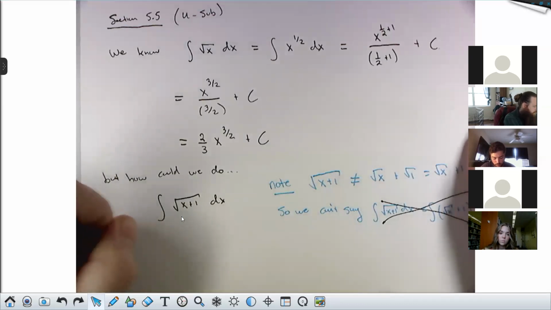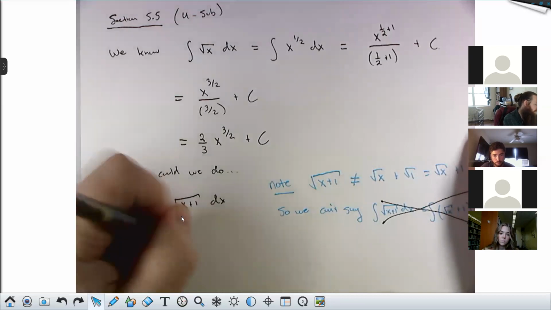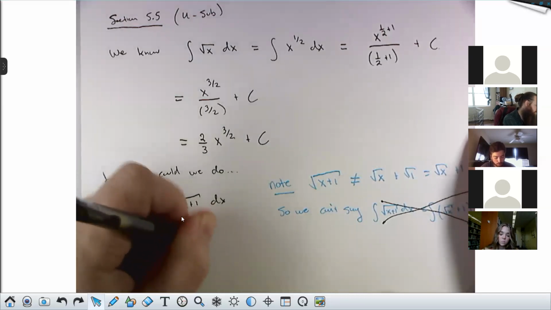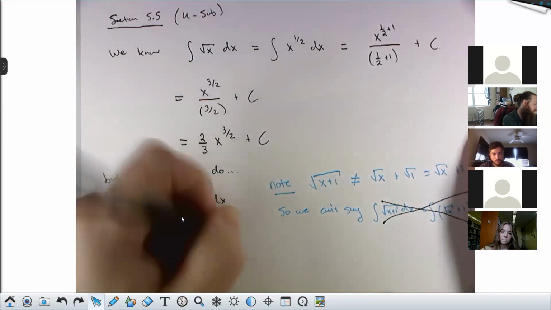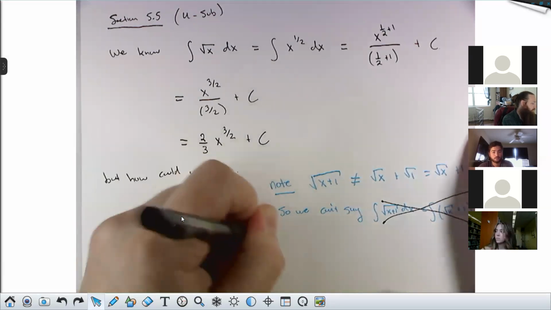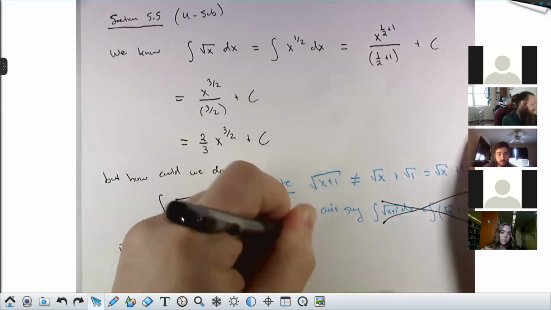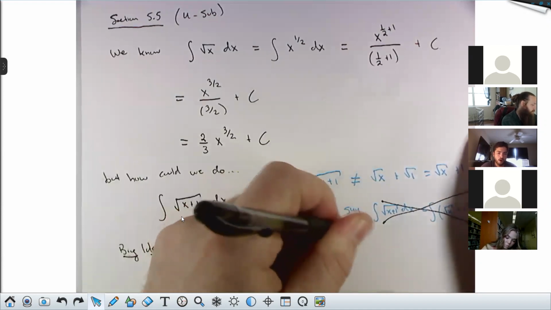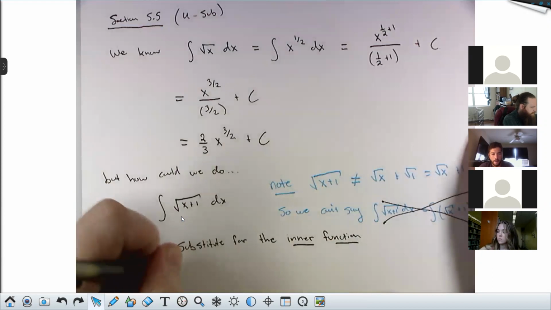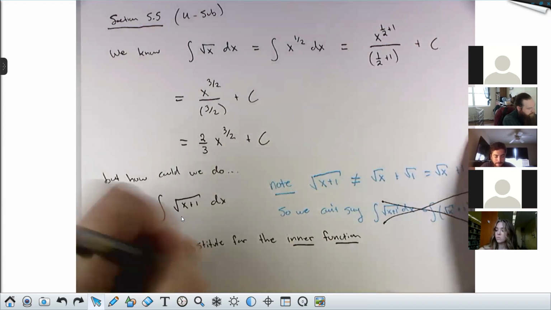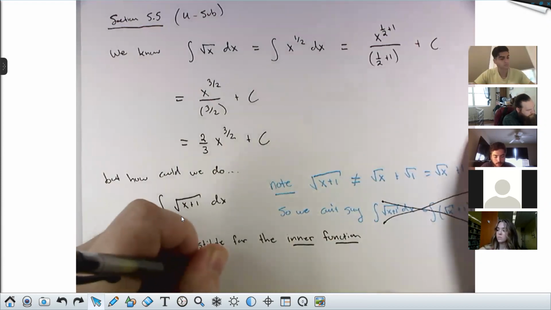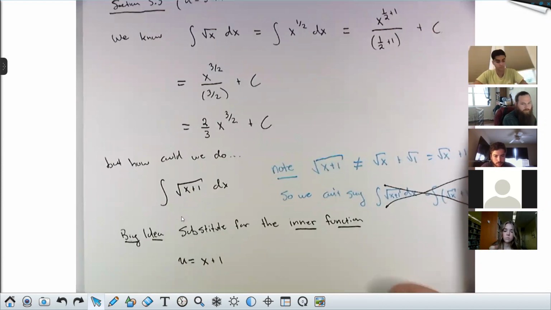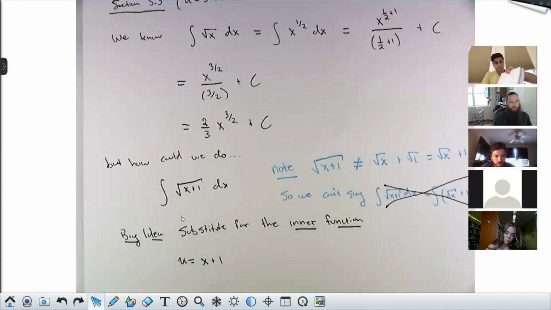And the big idea is to sub for the inside. Substitute for the inner function. So here my inner function is x plus 1. So I'm going to make the substitution u equals x plus 1.